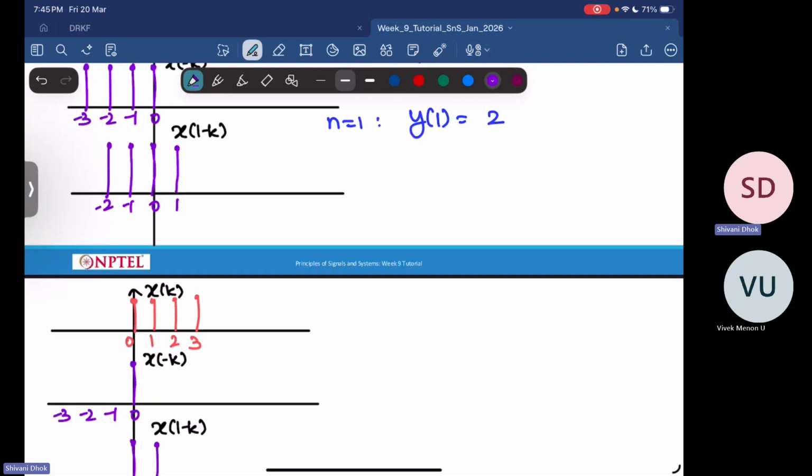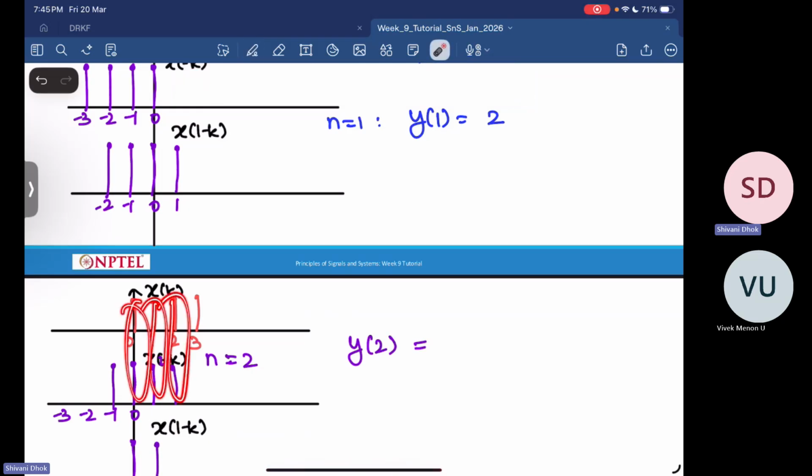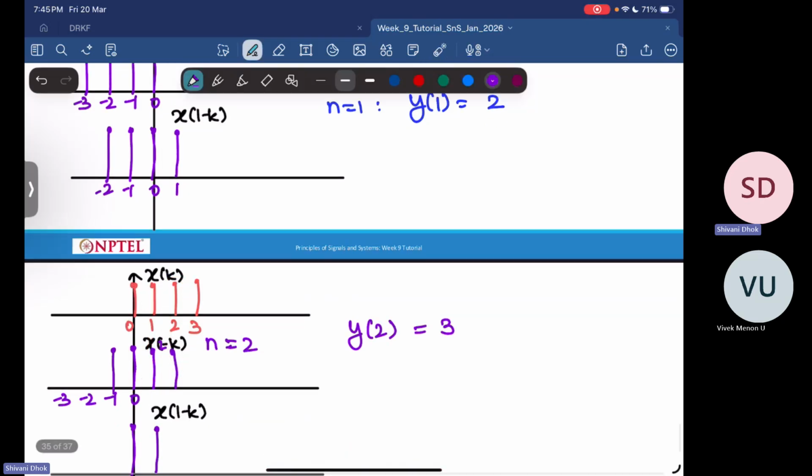So you will get something like this. So this is for n equal to 2. So you get y of 2 as you get 3 overlaps, 1, 1, 1. So that will give you 3.